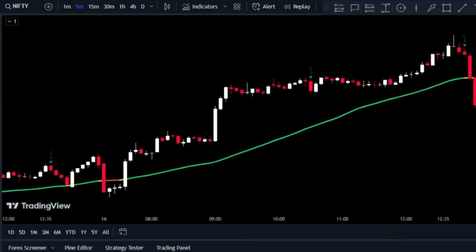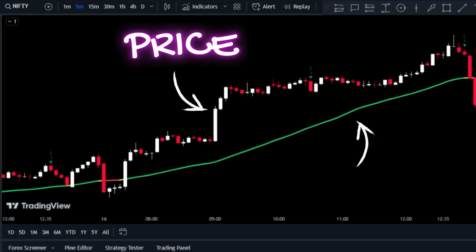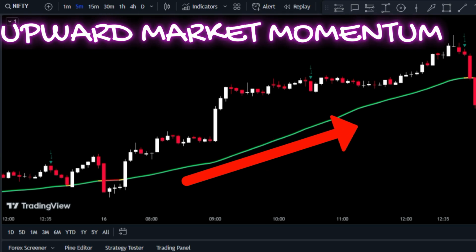The first point about this indicator is that it allows trading in the direction of the trend. This means if the price is above the indicator line, only enter long trades because the market momentum is upward.